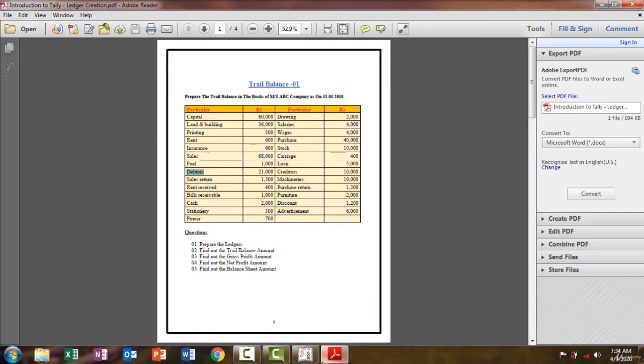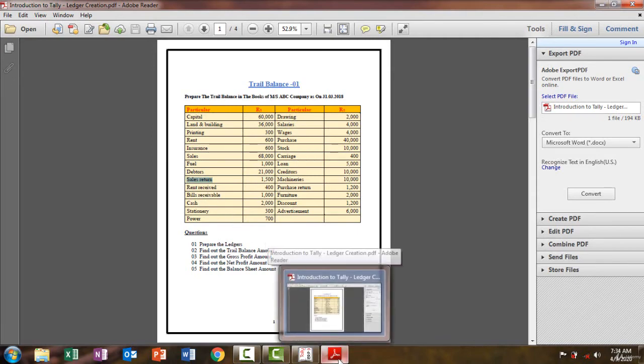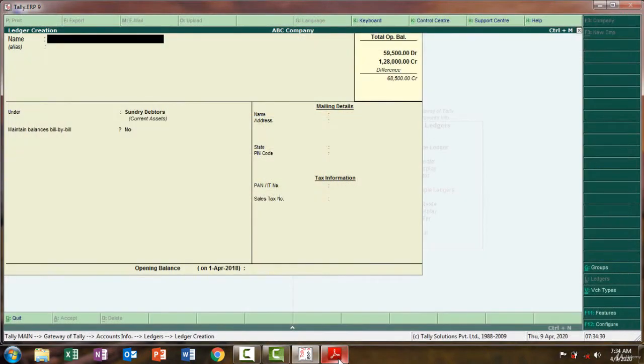The next one is sales return. Sales return means we have already sold the items, but some of the goods are returned to our company, so we have to deduct them from the sales. So how can we put the ledger? First we have to create the sales return ledger.